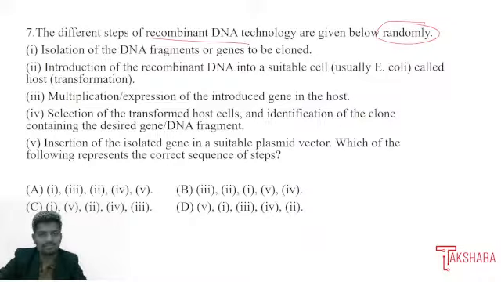After that, the gene of interest, that is the foreign DNA, is inserted into the vector, and the vector is again introduced into the host, for replication or multiplication or expression in the host.